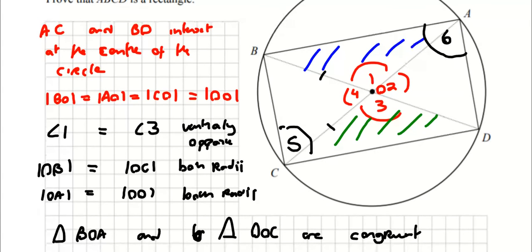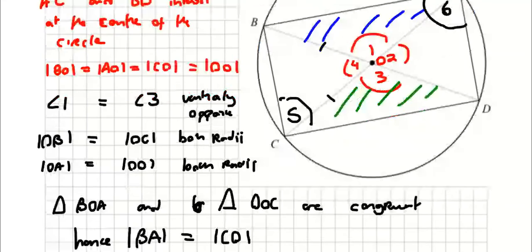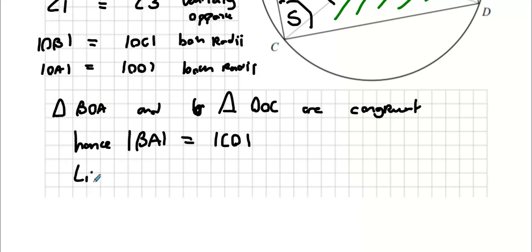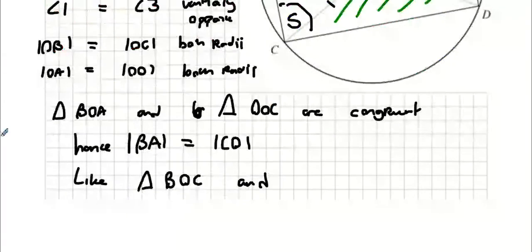Now I'm going to also prove that likewise triangle BOC, the pink triangle, is equal to the blue triangle AOD.